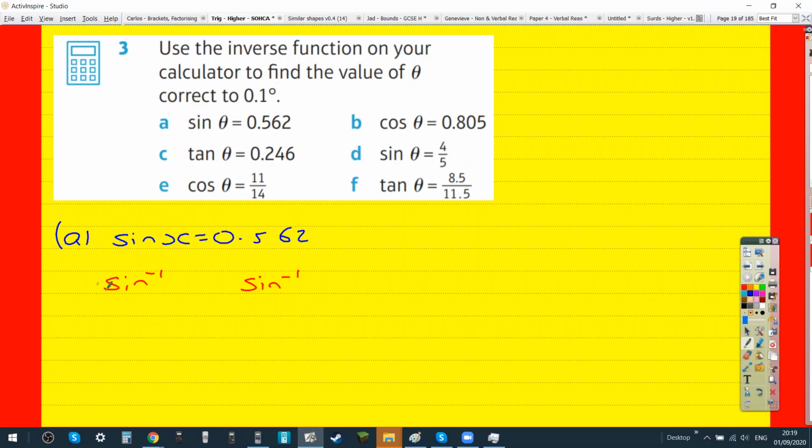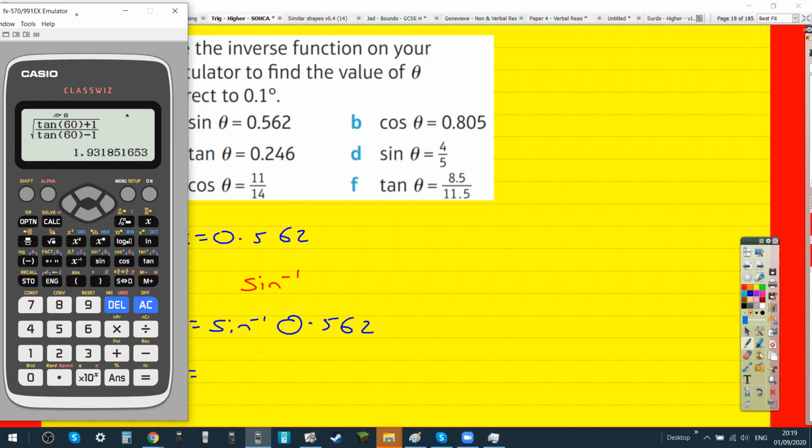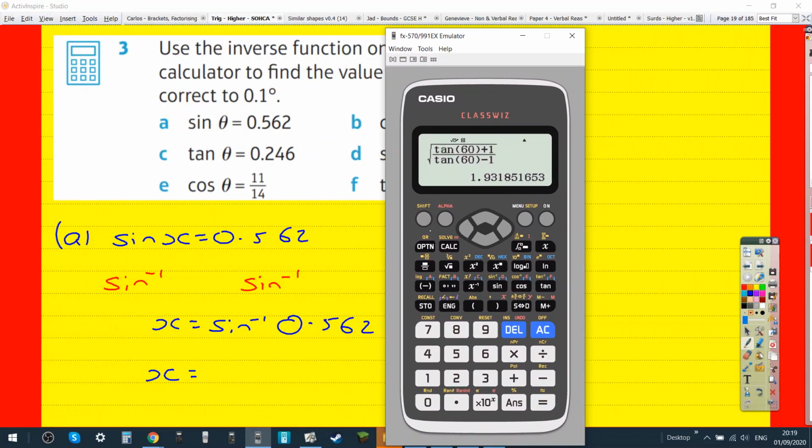If it was plus, the opposite would be minus, or if it was times, the opposite would be divide. It's a bit like square root. So the opposite is sine to -1 of 0.562. With your calculator, you press shift first, and then when you press sine, it gets you the yellow sine -1 above it. It's called arc sine.